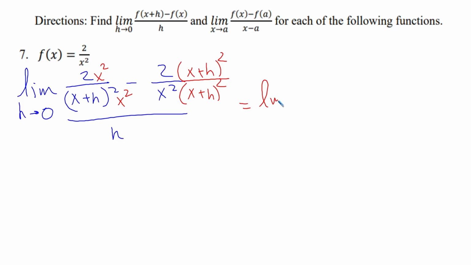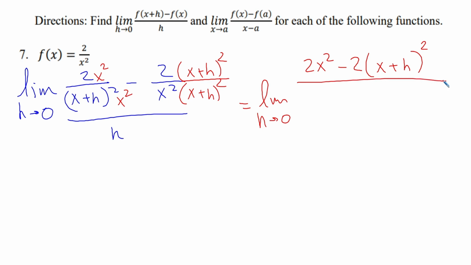So this becomes a limit as h approaches 0 of 2x squared minus 2 times (x plus h) squared all over x squared times (x plus h) squared. And we'll do the same trick as before: h over 1 in the denominator, take its reciprocal, and multiplying, that h goes straight into your other denominator. So now we will simplify out that numerator that we've got.